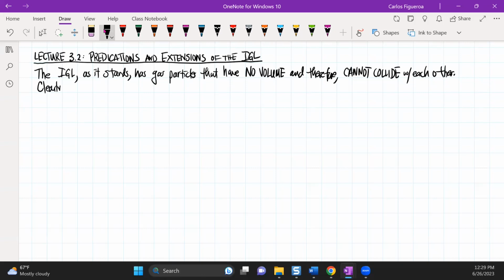Clearly, this is not realistic for real gases.